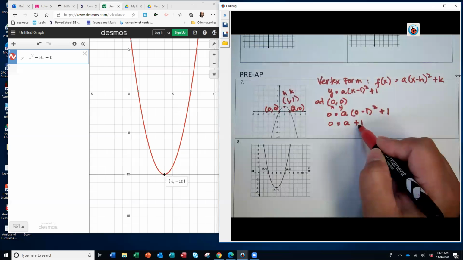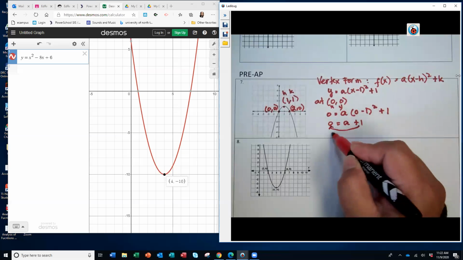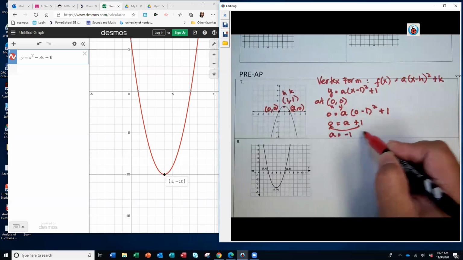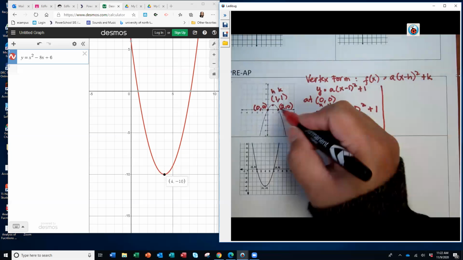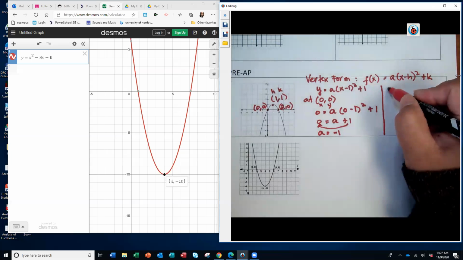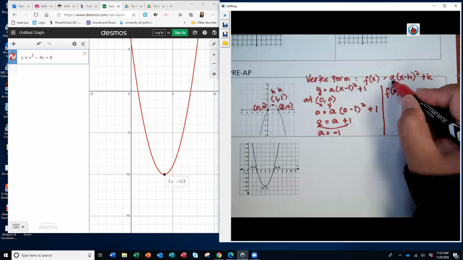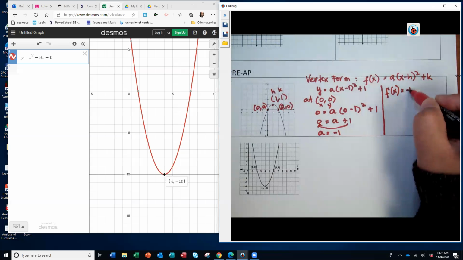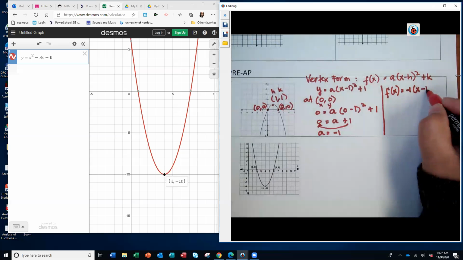But since I'm solving for a, the 1 is going to go to the other side. a now will be -1. Now I know that the final vertex form of this equation will be f of x is equal to -1 times (x minus 1) squared plus 1.